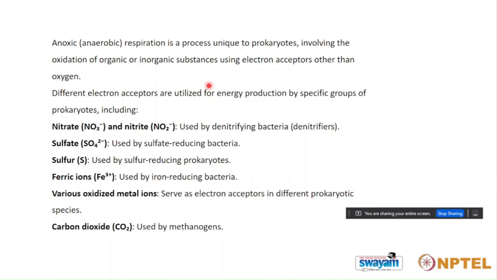So these inorganic electron acceptors will vary with respect to different organisms. And finally, methanogens use carbon dioxide as electron acceptors. So basically in anaerobes, the electron accepting moieties will change with respect to the kind of metabolism they are adapting.